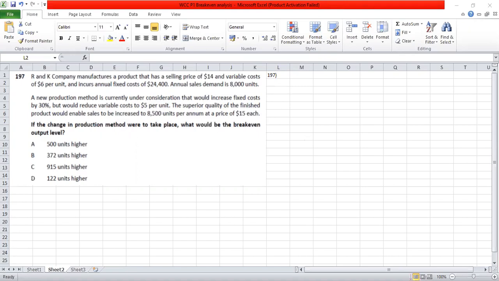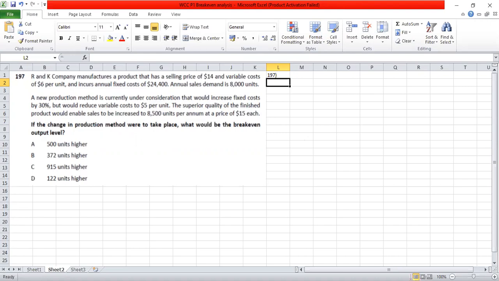After that, variable cost also will reduce to $5 per unit. The superior quality of finished product would enable sales to be increased to 8,500 units per annum at a price of $15 per unit. The question asks us to find out what is the break-even sales after the new production method is introduced.